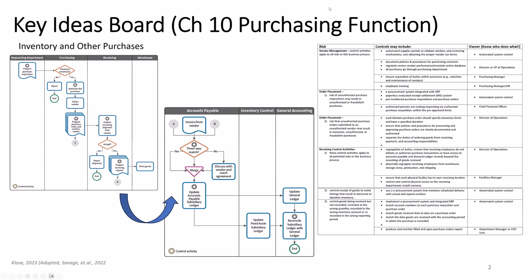So you know that these idea boards are intended to just pull out what I think are the most important concepts in terms of the chapters. So let's start there. When we look at accounts payable, it's a part of the purchasing and payments process.